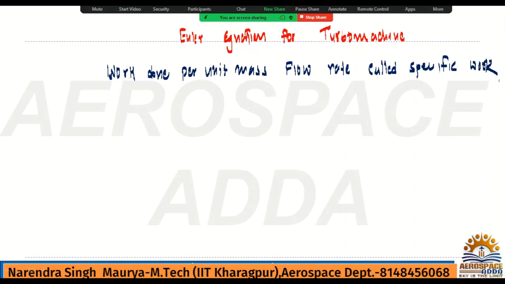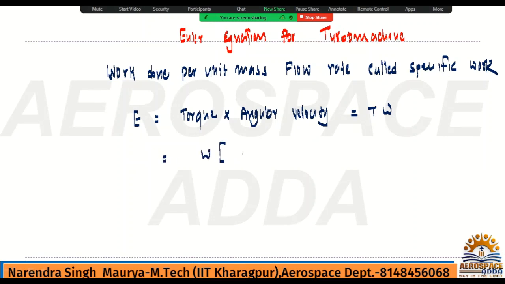So basically, this equation is nothing but E is equal to torque into angular velocity, T into W. And W is the angular velocity. What will be the torque?